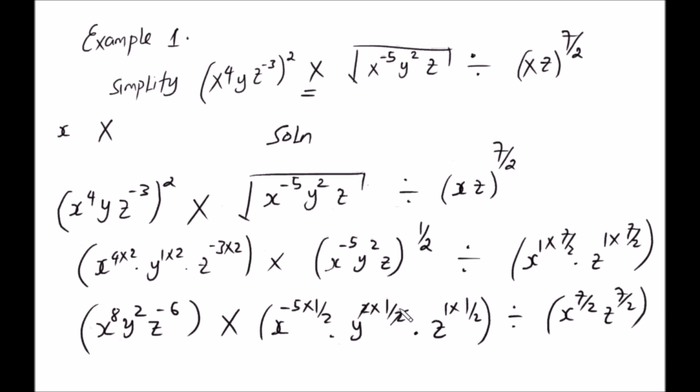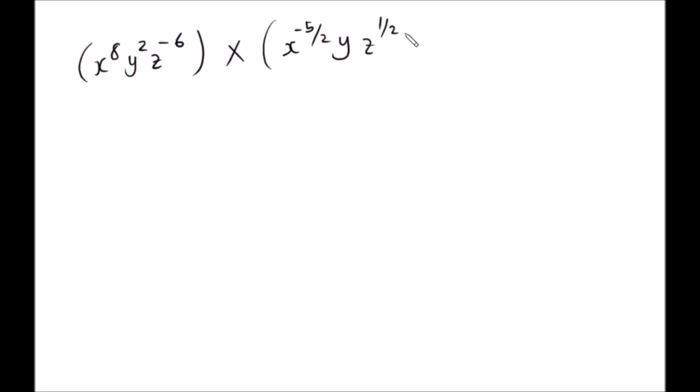So hapa kati tutabaki na nini? Tutabaki upande wa huku ni hiyo hiyo x power 8 y power 2 z power negative 6 times, hapa tutakuwa tuna x power negative 5 over 2 times y, kwa sababu ile 2 na 2 inakufa, inabaki y power 1 times z power half. So all of this now divide by x power 7 over 2 and z power 7 over 2.